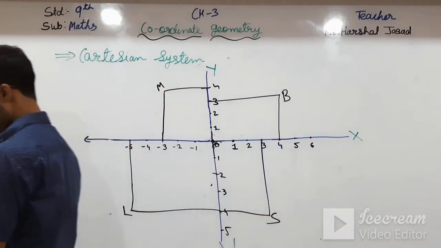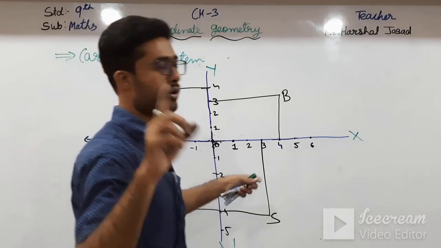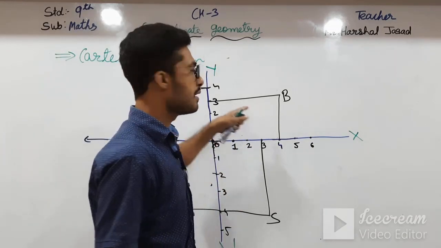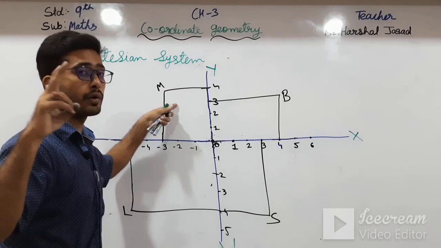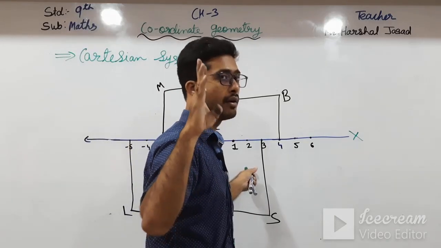So what we have to do, we have to find the coordinates of it. Okay students, how we will find the coordinates of it? See here, first of all we will start with quadrant number 1, then we will go to quadrant number 2, then quadrant number 3, then quadrant number 4.